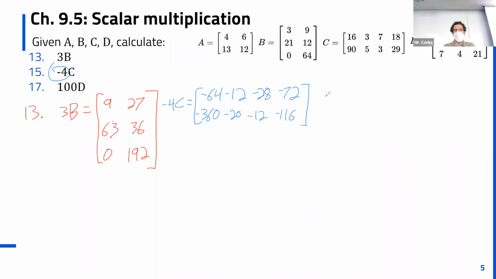All right, last one was 100 times D. Volunteer? Who wants to tell me what this one is? Okay, Clemens, go ahead. 1,800. Okay. 1,200. Is there someone listening to the workshop on their computer?